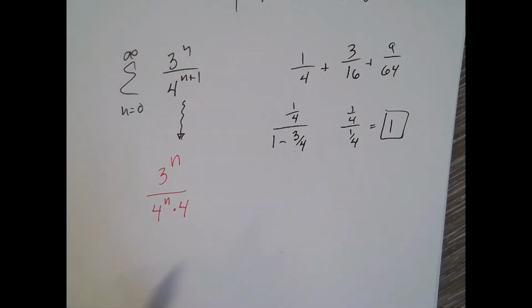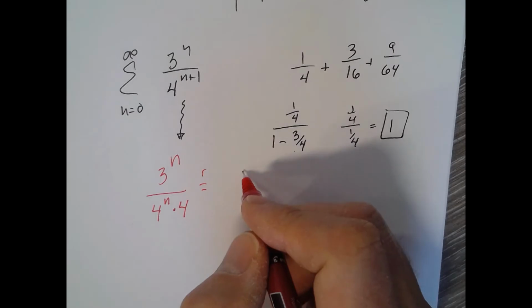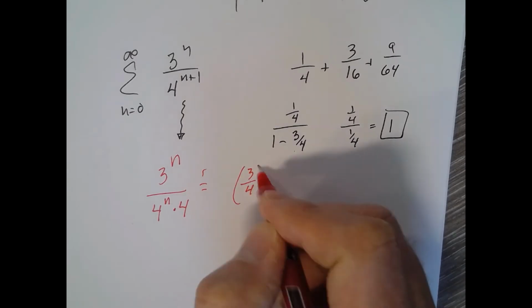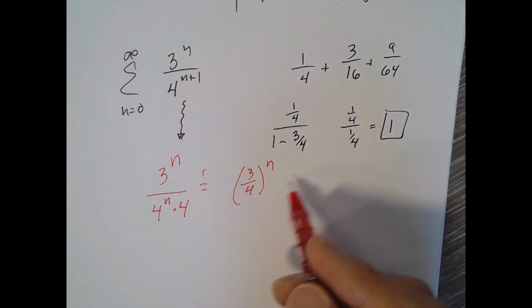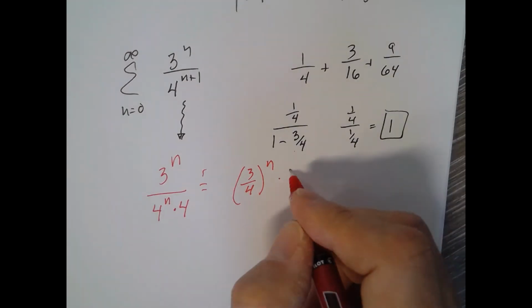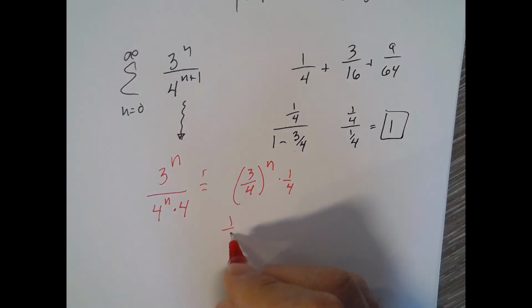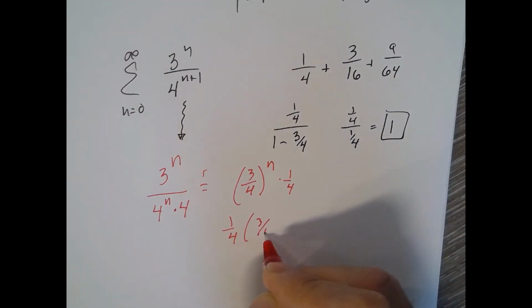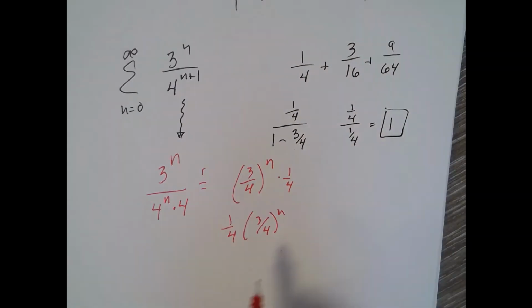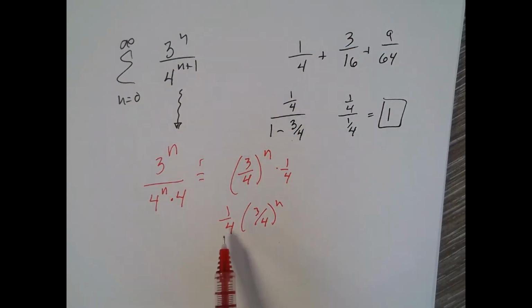So then you could think of that as 3/4 to the n. Then I got a 4 on the bottom, so times 1/4. So it's 1/4 times 3/4 to the n. Then you can see a little better that your initial is 1/4 and your r is going to be 3/4. Couple ways to look at it.